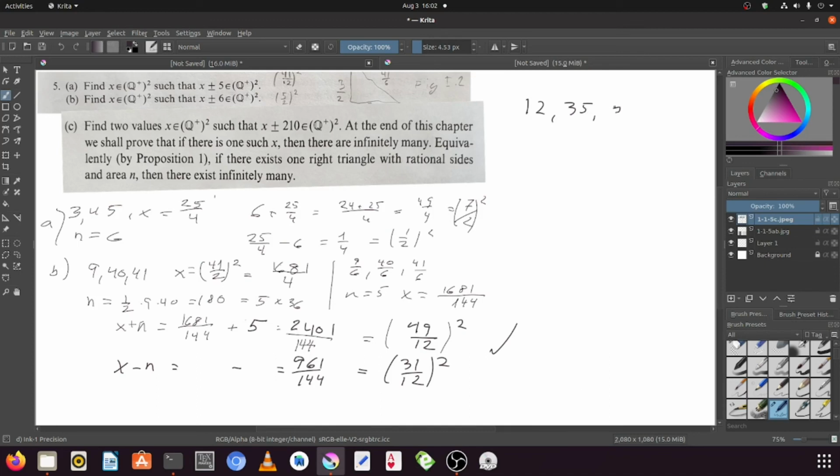So there are the two triangles. And you can see the area of both of them actually is 210.